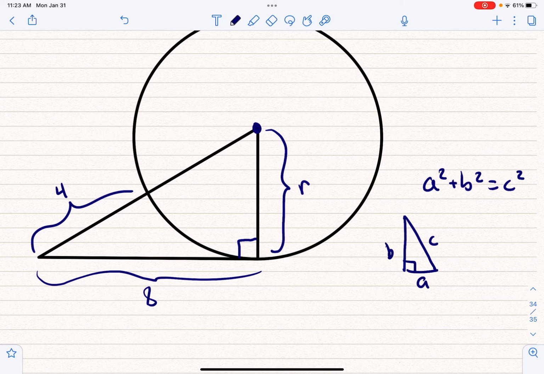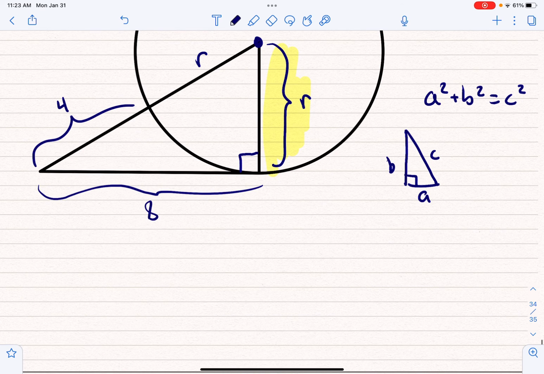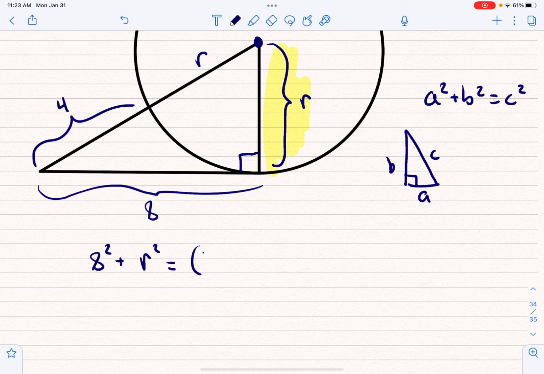If this one right here is r, then this right here is r as well. Plugging that into the Pythagorean theorem, I would know that 8 squared plus r squared is equal to (4 plus r) squared. Now, you have to remember that you have to FOIL that one.